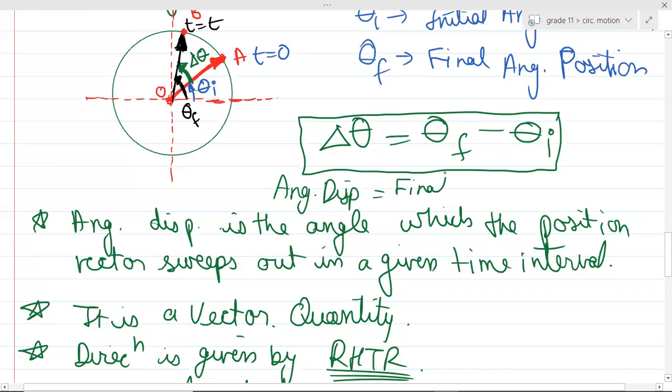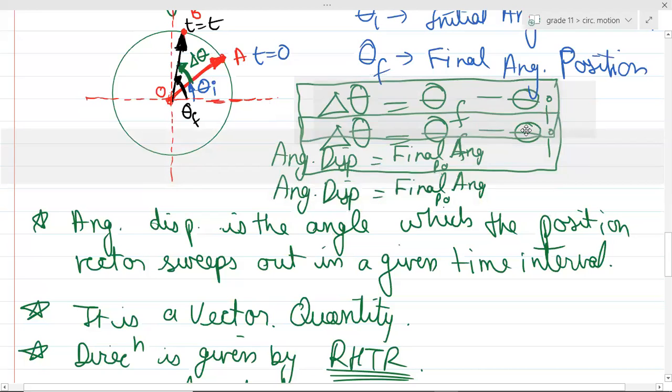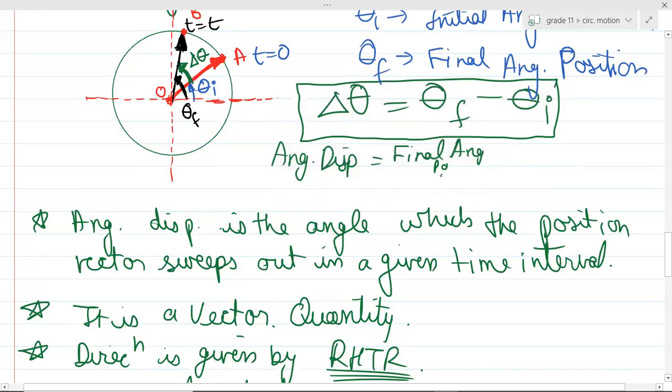So it's the same thing. What is the only difference? The only difference is basically we are talking in terms of angle.